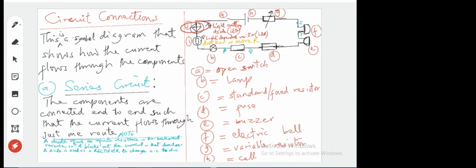We use symbols for the components and represent how the current starts from one part of the cell, goes round, and comes to the other side of the cell or battery. So what you've seen here is a circuit.